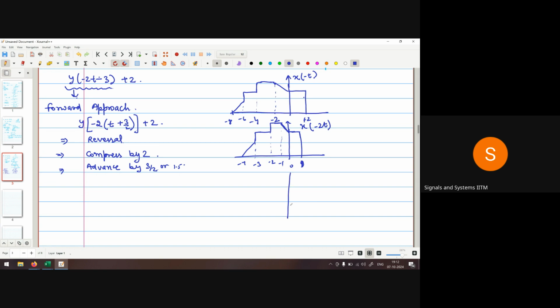If I advance, the signal: 4 becomes 11 by 2, with minus 3 becomes 9 by 2, then 2 becomes 7 by 2, then 1 becomes -5 by 2, then 0 becomes -3 by 2, and plus 1 becomes -1 by 2.